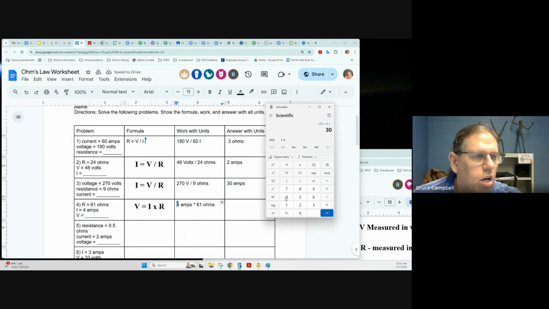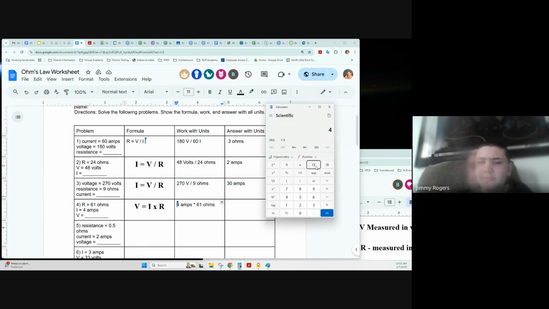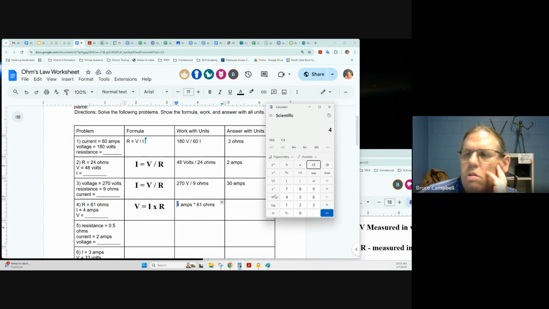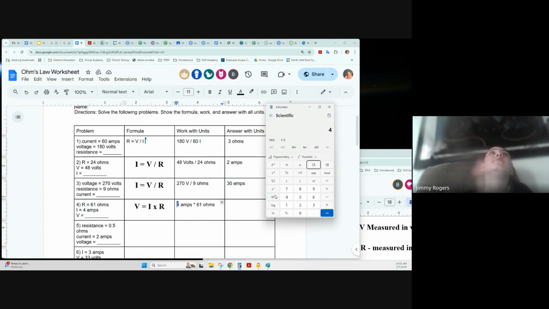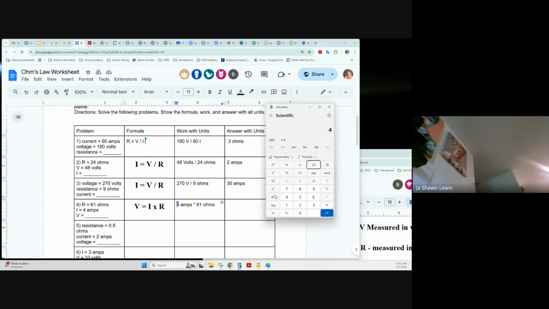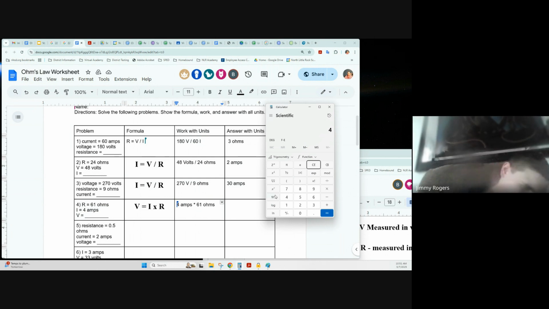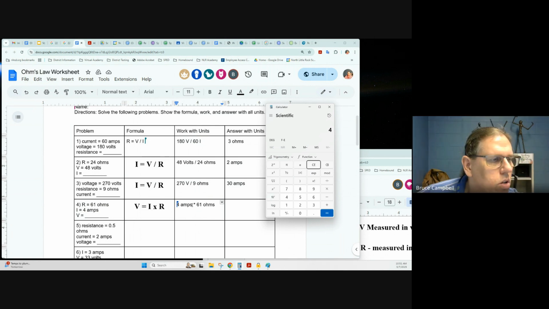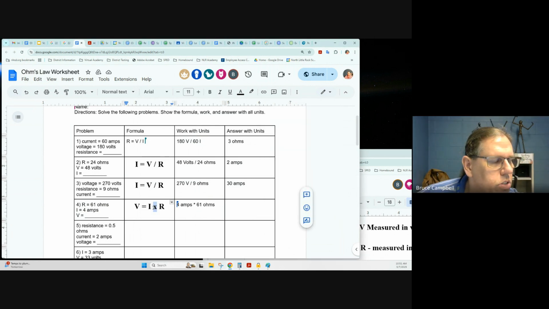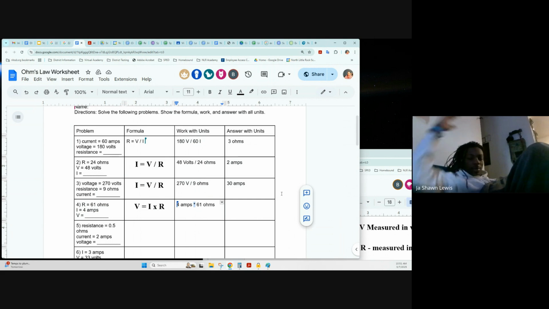All right. So tell me what I'm putting in my calculator here, please. 4 plus 61? No. Divided by. Are we sure it's divided by? Because that's multiply. It's times.